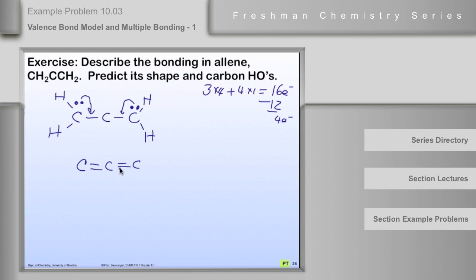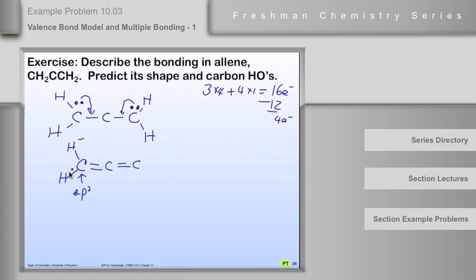Now, at this point, I'm going to show you something that you're going to have to work out on your own why it is. Okay? And that is a wedge bond. The hydrogens on one end of the molecule are in the plane of the screen, because what's the hybridization of that carbon? sp2.